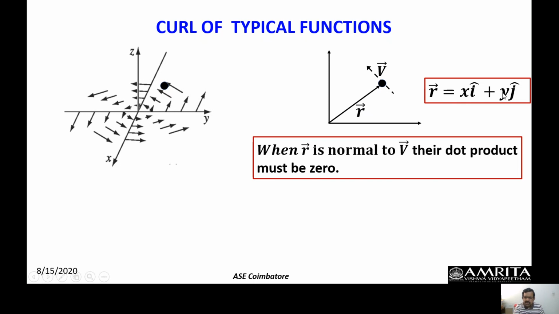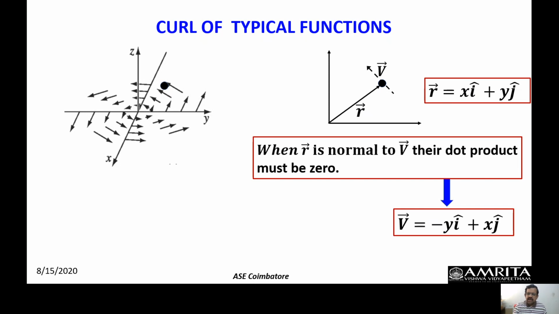For that to happen, all you need to do is interchange the spatial coordinates. For example, let us say I have a vector function 3 i hat plus 4 j hat, and I want to find a vector perpendicular to it. I interchange the coordinates and also change one of the signs, and I get minus 4 i hat plus 3 j hat, depending on the direction.